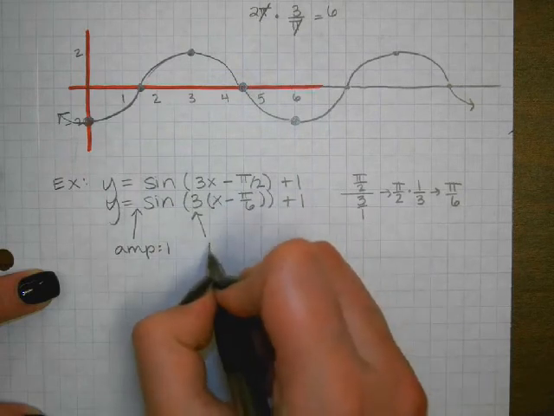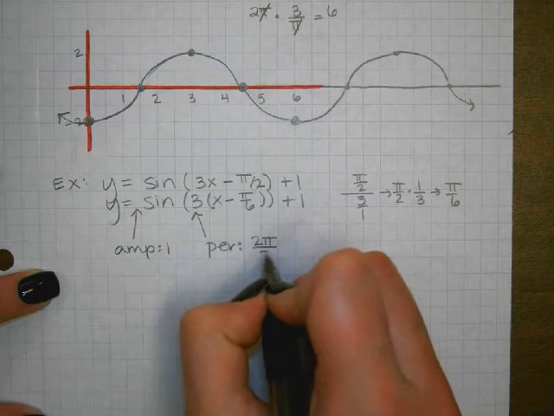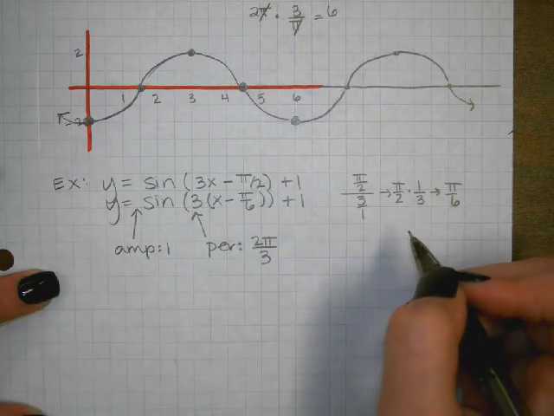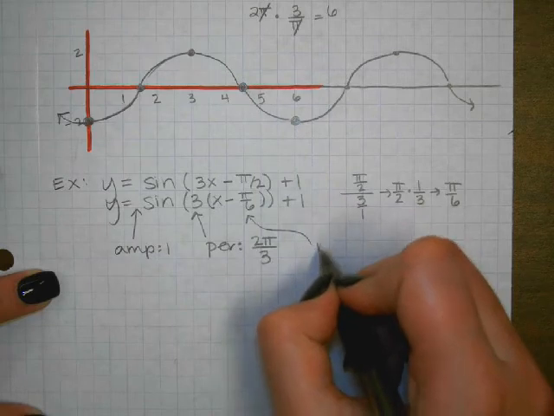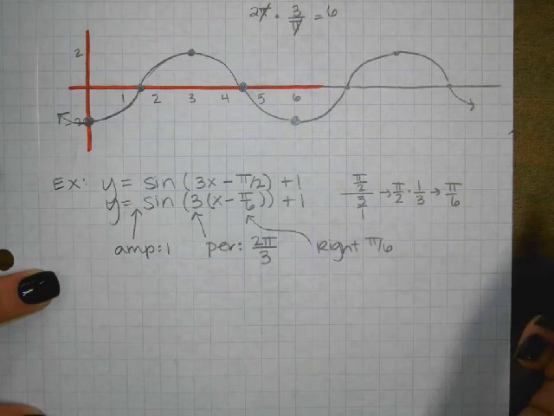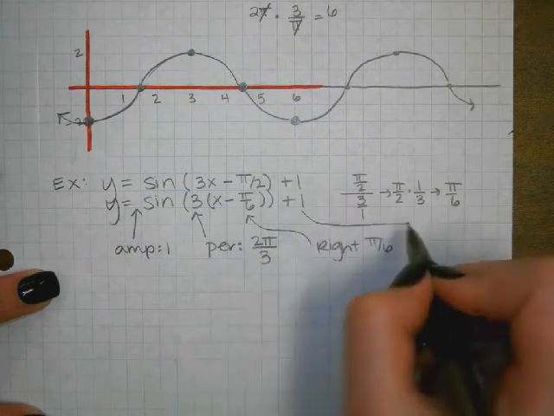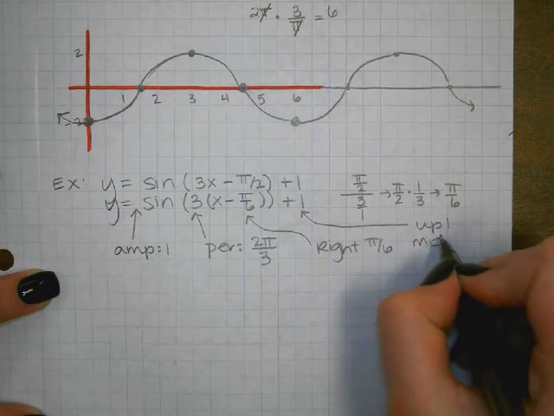This 3 tells me that I have a period of 2 pi divided by 3, so 2 pi thirds. My graph is going to shift to the right pi over 6, and it has shifted up 1, which means that my midline is 1.